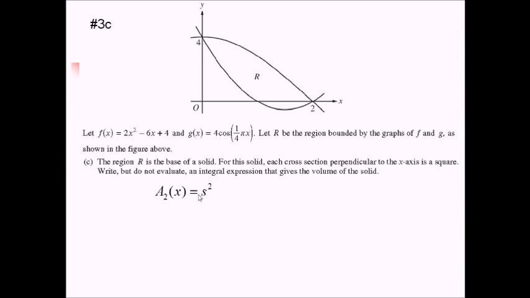And then for these squares that are going perpendicular to the x-axis, I basically define the base of each of these squares, one of the sides, need to do top minus bottom. So they already named the functions for me. I'm just going to write g of x minus f of x for one of these sides. So then I've got g of x minus f of x squared.